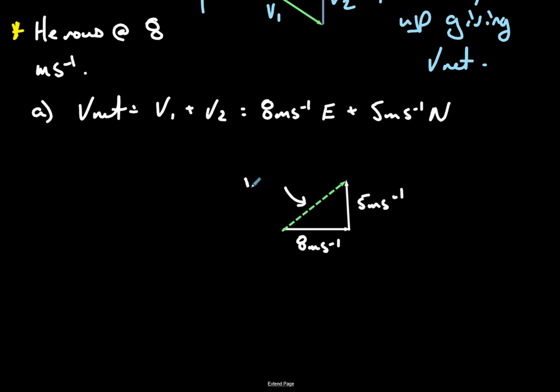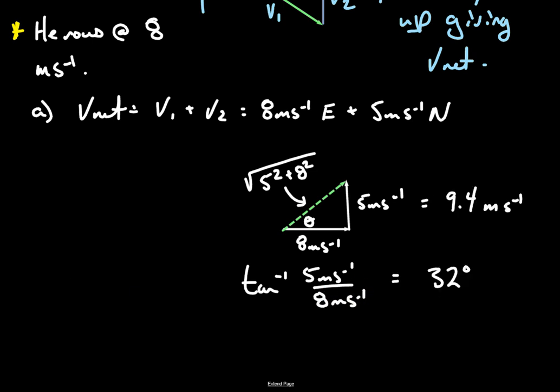So we got to do a little Pythagorean here. Okay, and we're going to want theta. So that's going to be the inverse tan of opposite over adjacent. Okay, solving your Pythagorean, you are going to end up with a velocity of 9.4 meters per second at 32 degrees north of east.